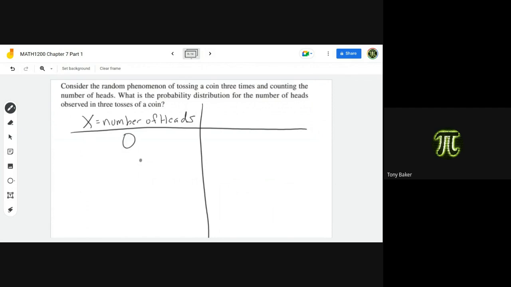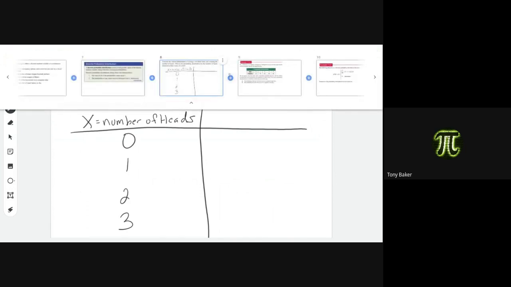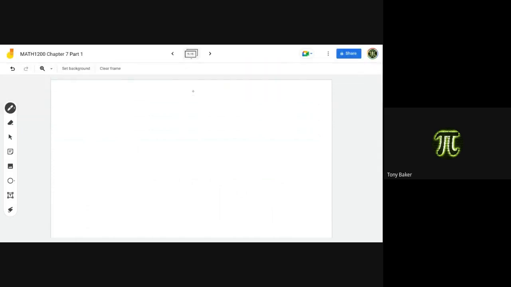Yes, I can have no heads, 1 head, 2 heads, or 3 heads. Those would be all the possible values, correct? Okay. All right. Let's make our tree chart so we can see our options. So we have heads, tails, heads, tails, heads, tails.